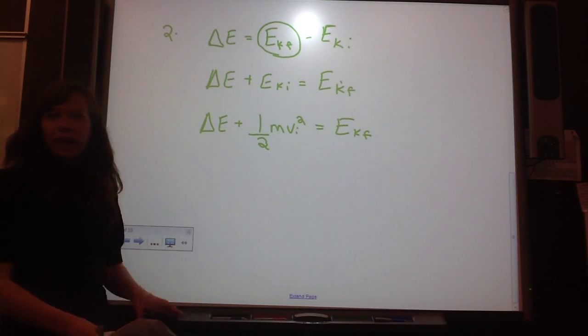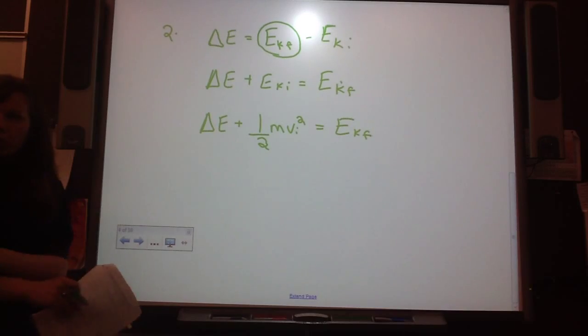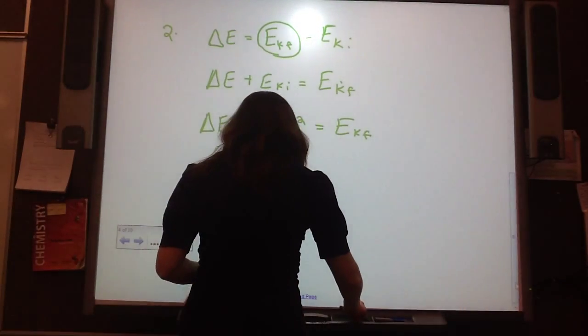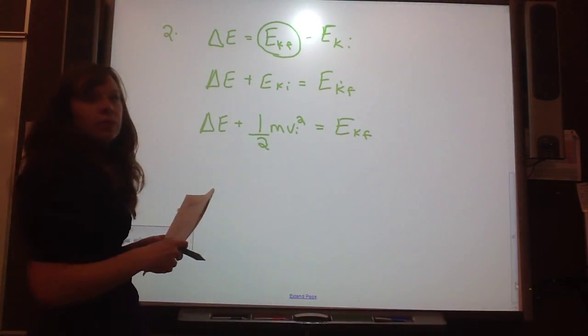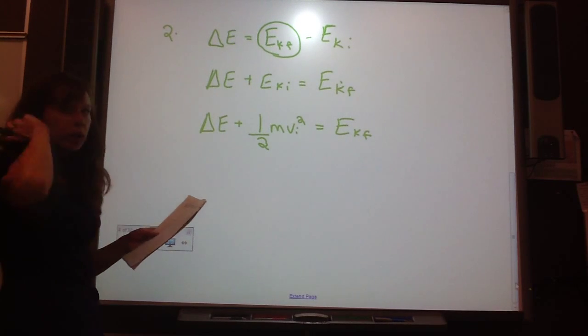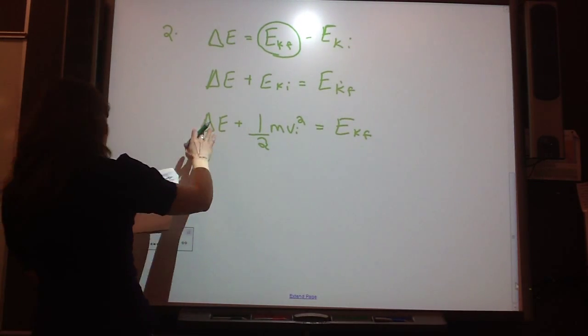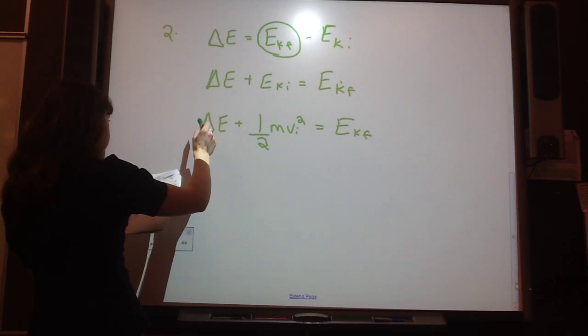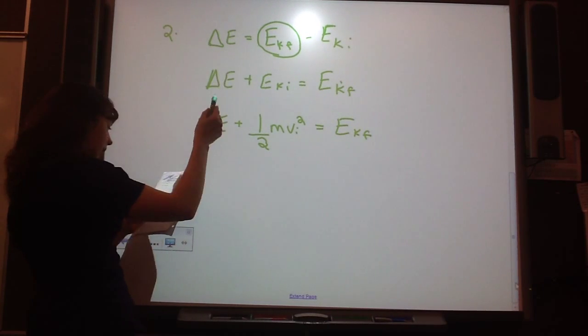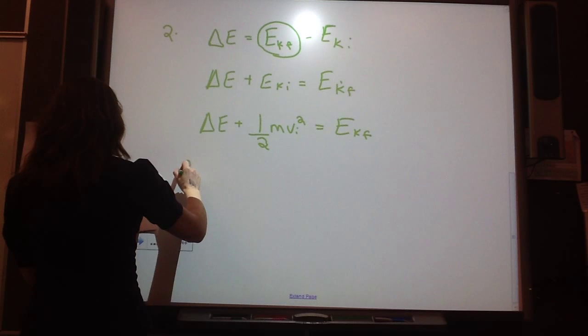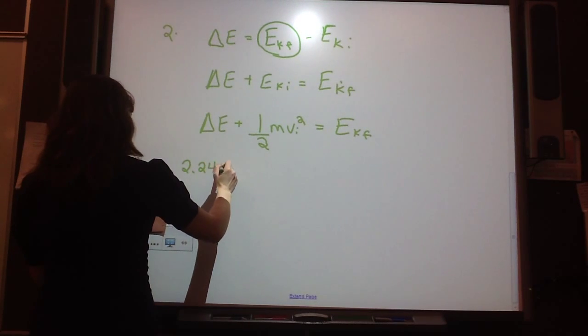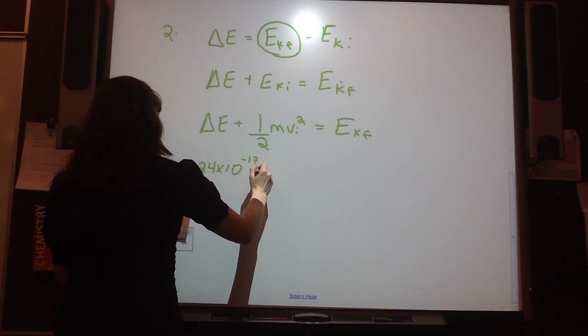Am I going too fast? Are you doing okay, Matt? All right, so I know my delta E, because we just solved for that. That's 2.24 times 10 to the negative 17 joules.